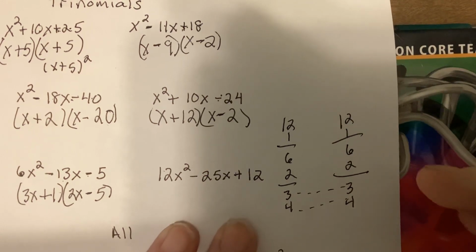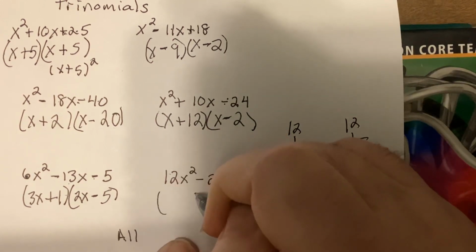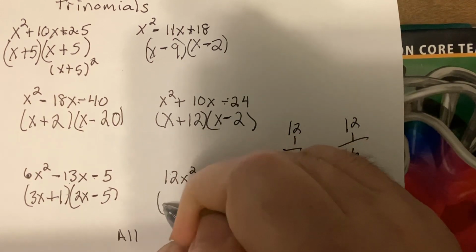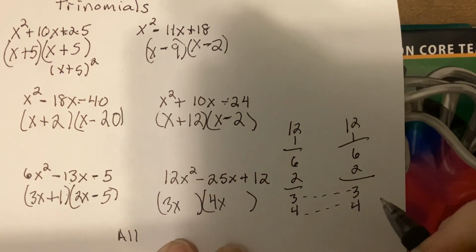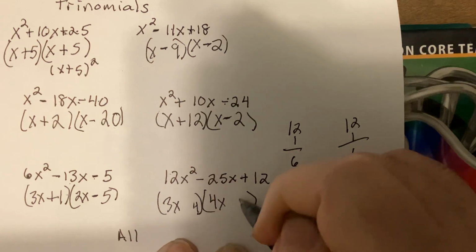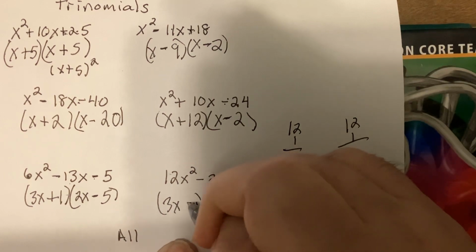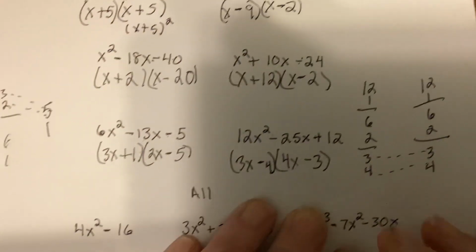And I know I found that quick because I've done this before. But I want the 3 and the 4 to be part of the first term. And I want the 4 with the 4, so it'd be inner. The 3 with the 3, that's outer. Last term's plus. So both signs are the same as the middle.